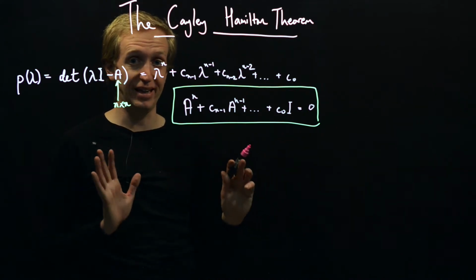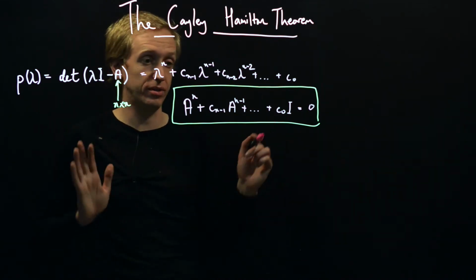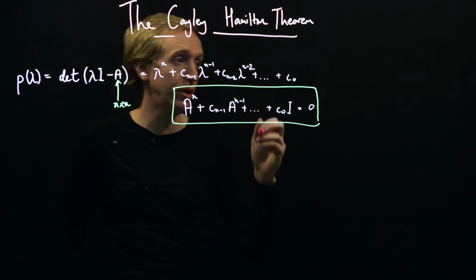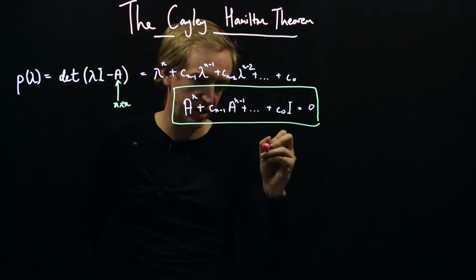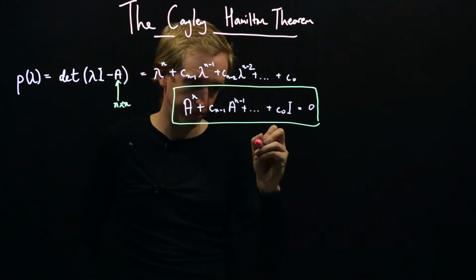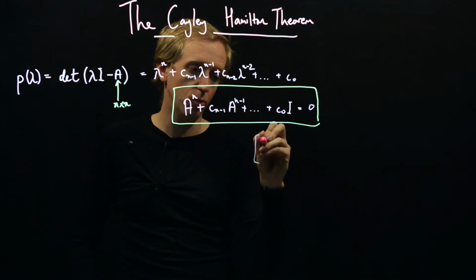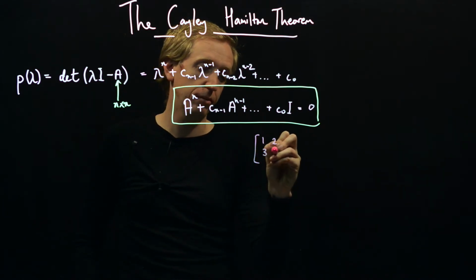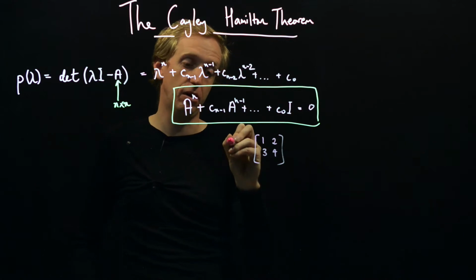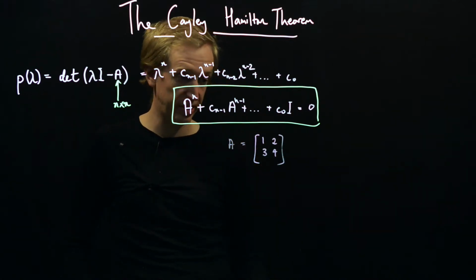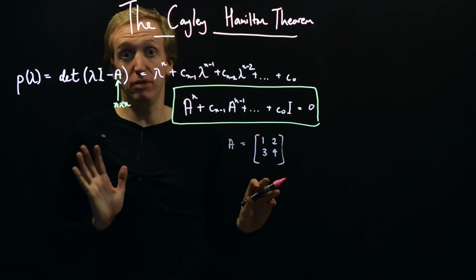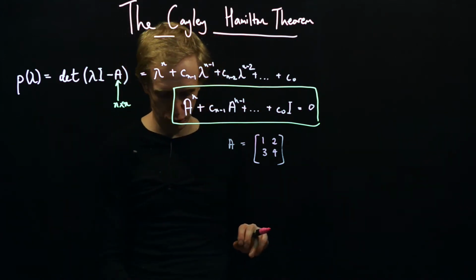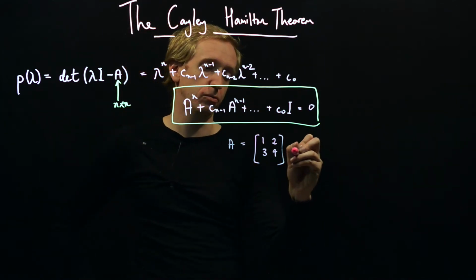Just so that we're completely clear what it is, let's just do a simple 2 by 2 example. So let's just take the matrix 1, 2, 3, 4. Let's say our matrix A is equal to this, and let's check the Cayley Hamilton theorem to see that it's true. Well, we need to do a few things.